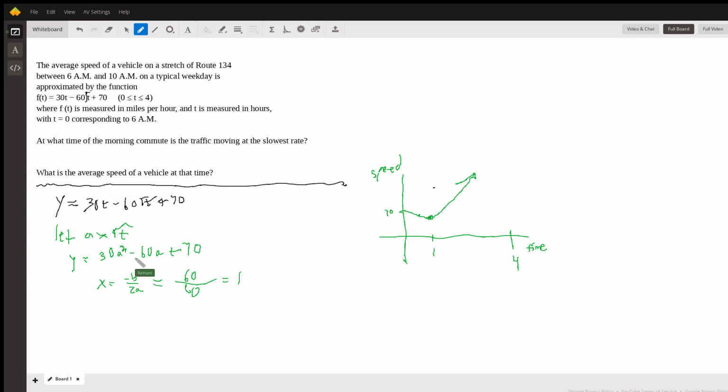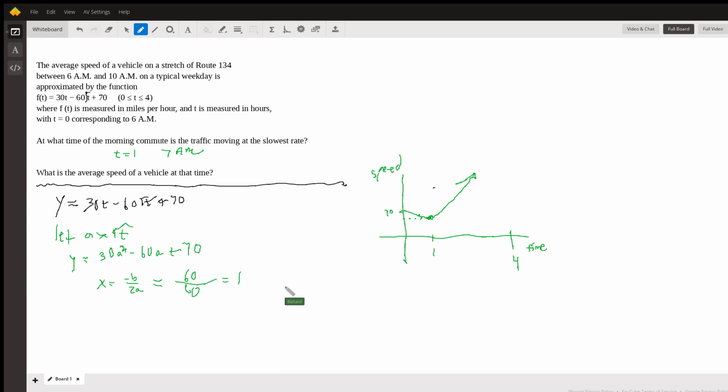So if a is 1, then square root of t is 1. If the square root of t is 1, then t itself is 1. So it's t equals 1, which would be 7 a.m. Okay. Now they want to know the speed, which is just the y value here.